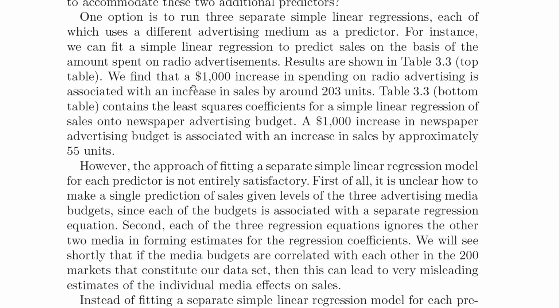We find that a $1,000 increase in spending on radio advertising is associated with an increase in sales of around 203 units. That's the slope. And for newspaper, a $1,000 increase in newspaper advertising budget is associated with an increase in sales by approximately 55 units.